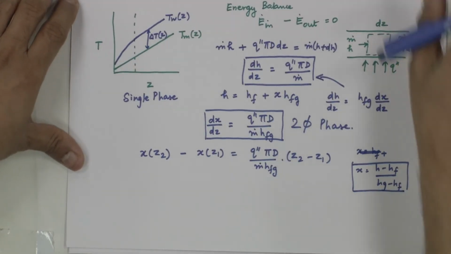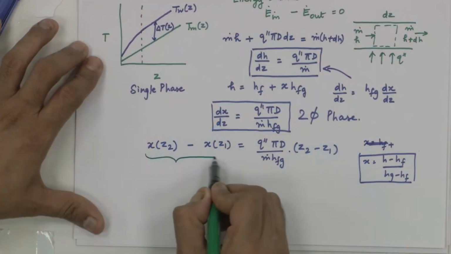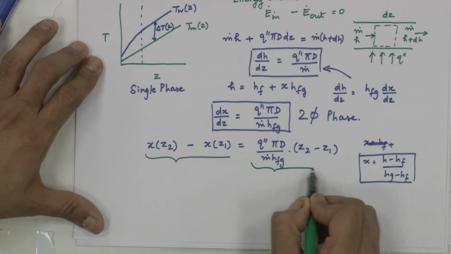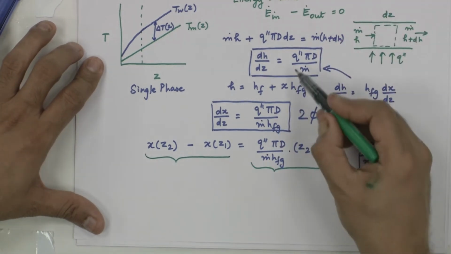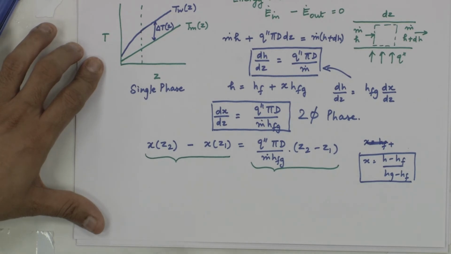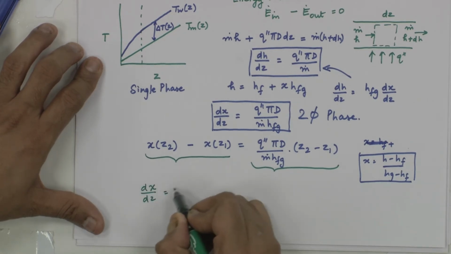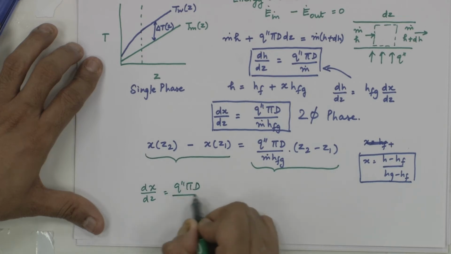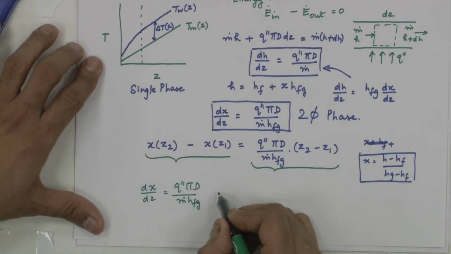Now, why I said all this is that in a regular steam generator or evaporator, the governing equation for variation of quality is this. If I have constant wall heat flux, then this expression can be integrated like this. If there is a variable wall heat flux, then dx by dz is equal to q double prime pi d by m dot hfg, and we have to keep the q double prime inside the integral.